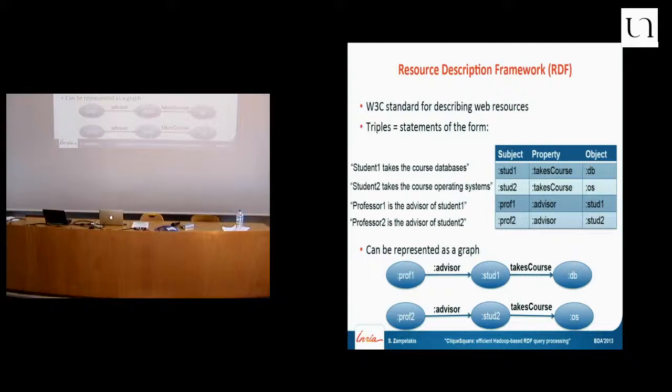For example, you have a statement which is student 1 takes the course database, and we can see that student 1 is the subject, takes course is the property, and the database is the object. Similarly, we can have that student 2 takes another course, we can have a professor who is the advisor of student 1, and so on. This data can be represented as a graph, as shown on the bottom of the slide.